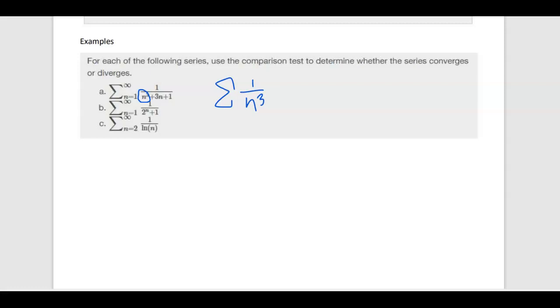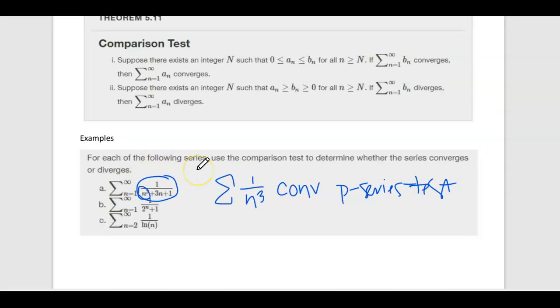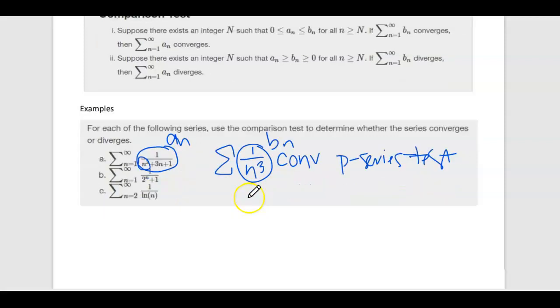Now, I know 1 over n cubed converges by the p-series test. So I need to show that this, which is my b sub n, all right, let me go back up here. Oh no, this is my a sub n. This is what I'm calling my b sub n, which converges, that I need to show that a sub n is always smaller than b sub n.